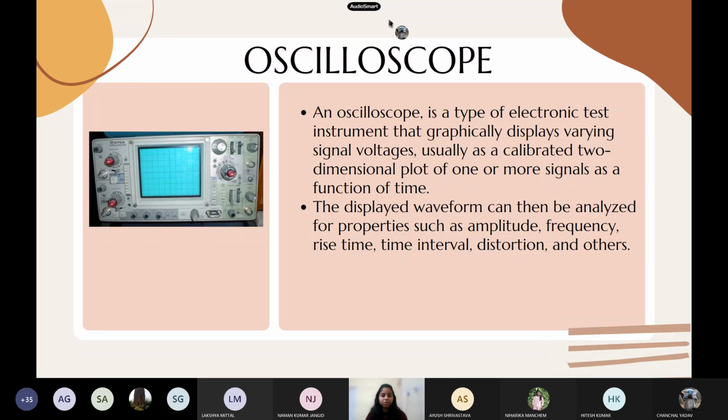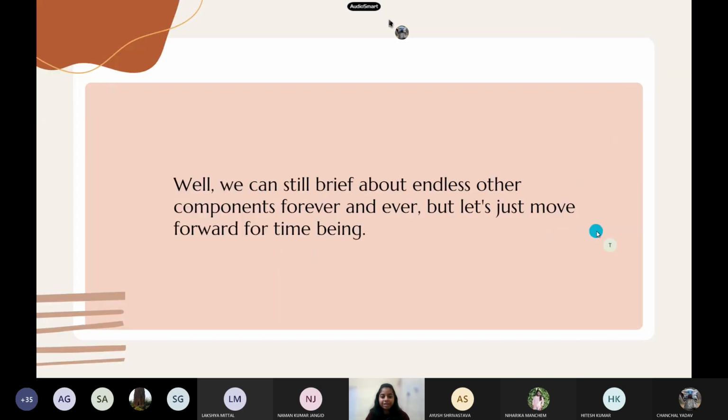An analog oscilloscope is typically divided into four sections. One, the display. Second, the vertical controls. Third, the horizontal controls. And last, the trigger controls. As you can see, there are various knobs to connect it to our circuit. This list is never ending, but we covered the most important ones. So let's move forward and listen from Gayatri.